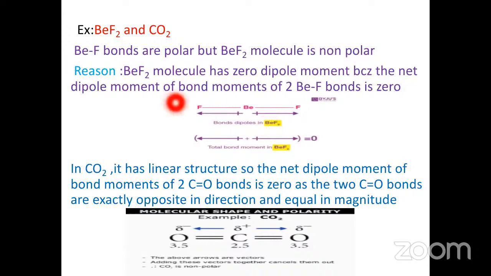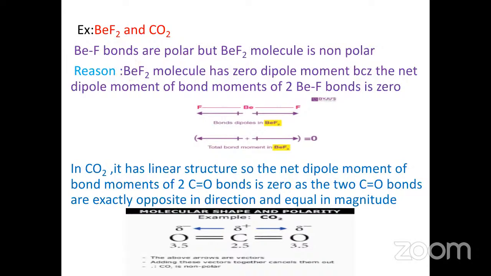So the BeF2 molecule is non-polar, even though the Be-F bonds are polar, because the bond moments of the two Be-F bonds are in opposite directions and cancel each other. Then we get mu equal to 0.